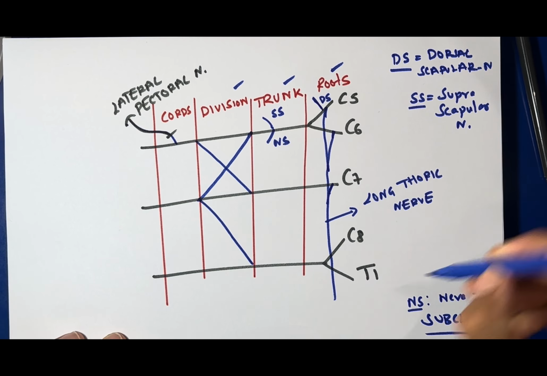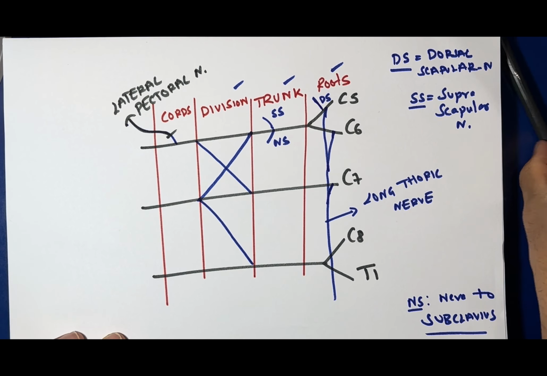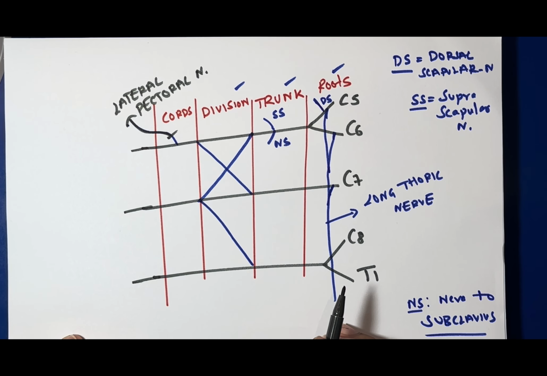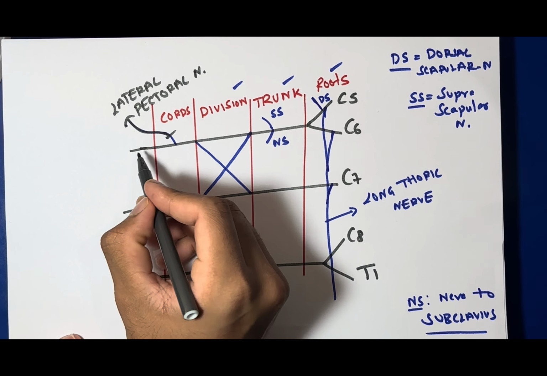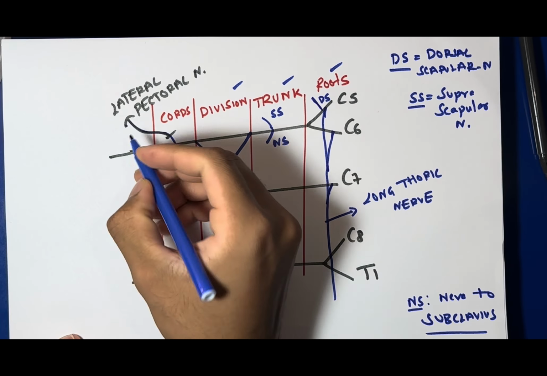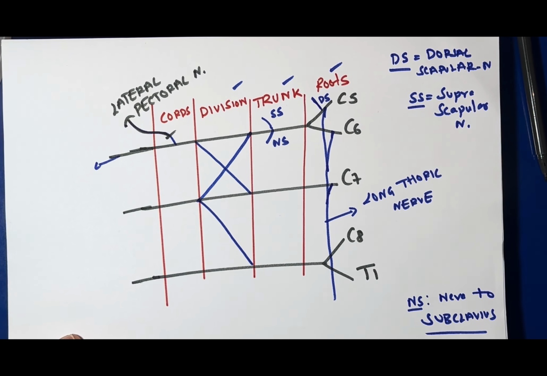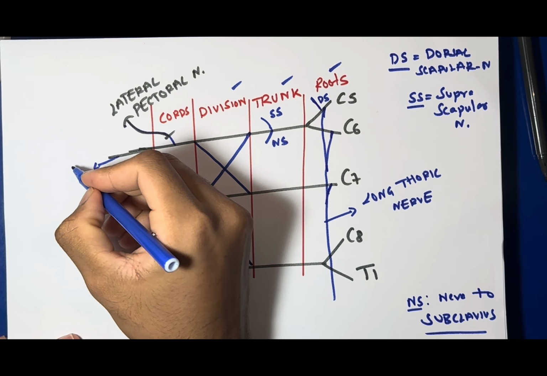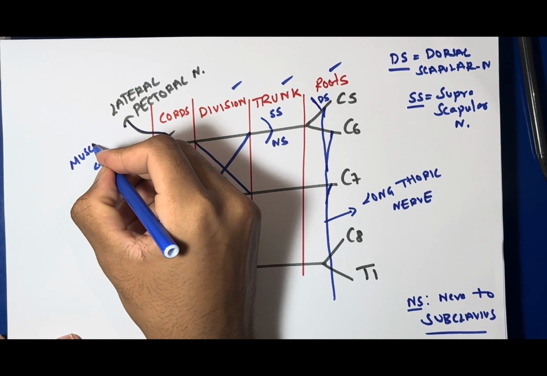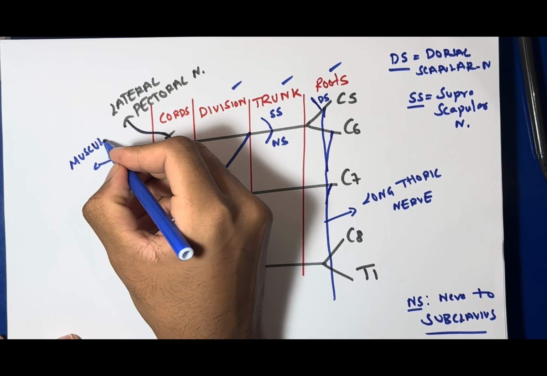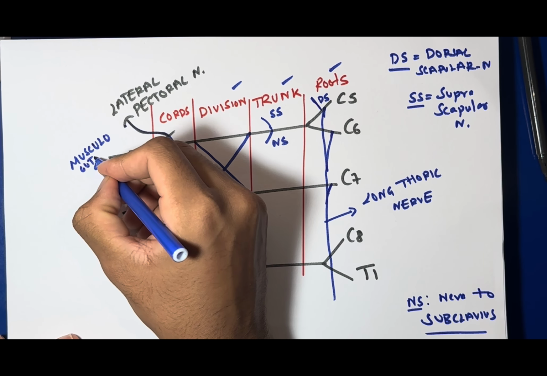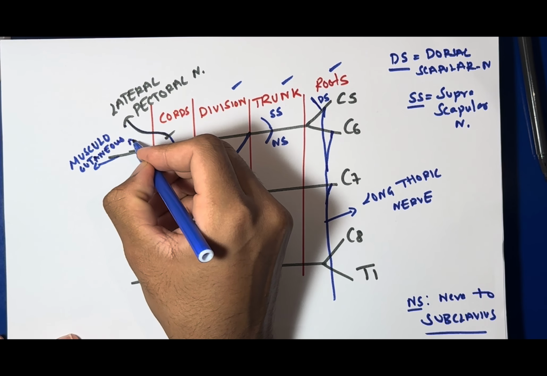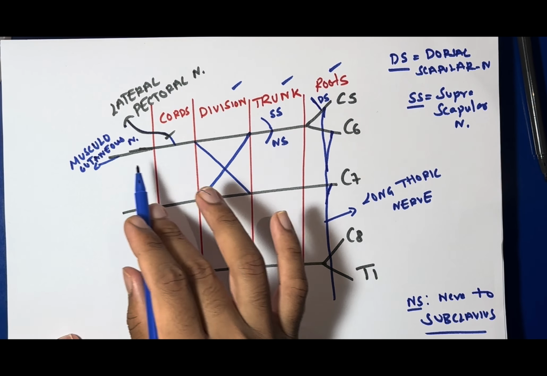Okay, and then you just extend these lines a bit, and this continues as your musculocutaneous nerve. It's an important nerve in the front of the arm. Remember, musculocutaneous nerve. Okay, you're done with this.